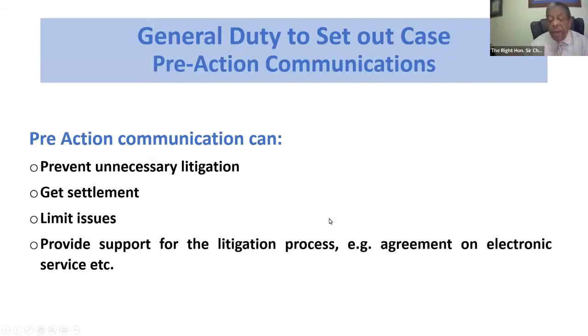For example, one could agree on electronic service or other matters of administrative convenience for the conduct of the proceedings. And I think, Sir Dennis, what we're trying to say here is that whether or not you all go for pre-action protocols, please encourage pre-action communication at the minimum.